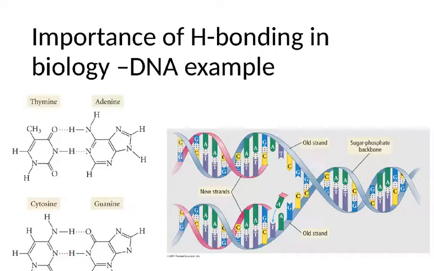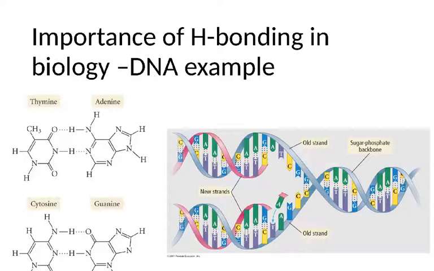Hydrogen bonding is important not only in chemistry, but also in biology. So here's an example of DNA. The way DNA works is it is a double helix structure that is held together by hydrogen bonds.